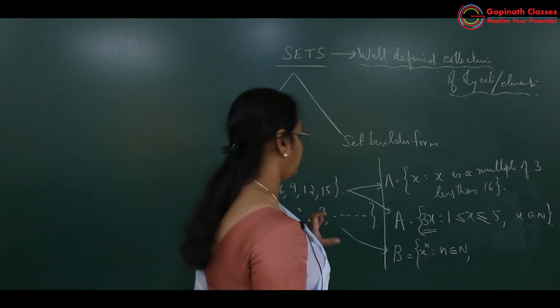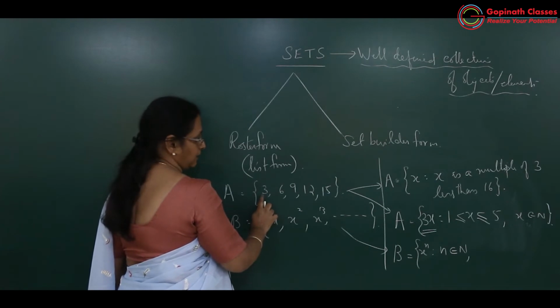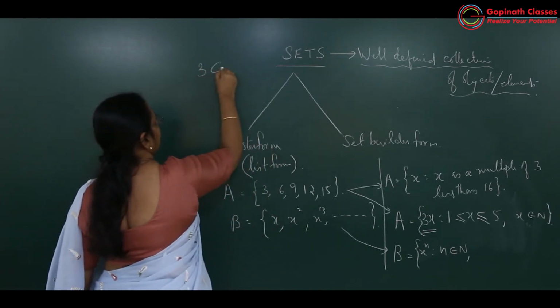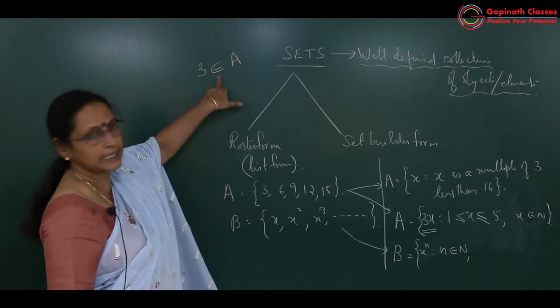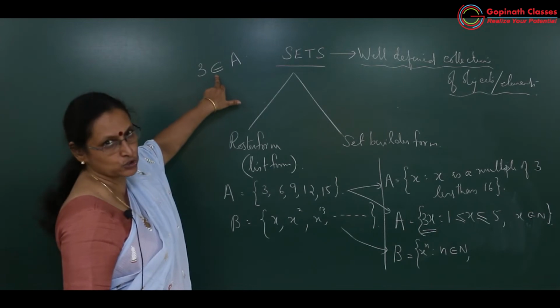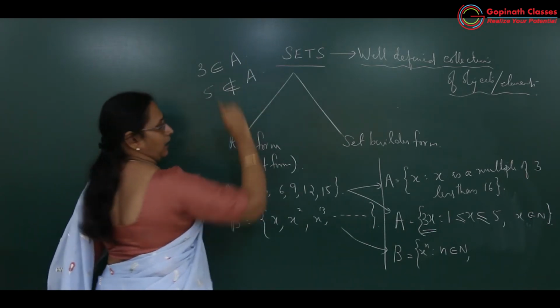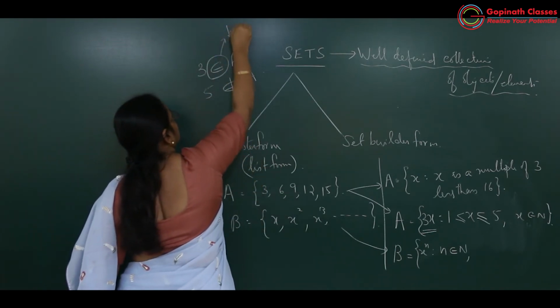Each member of a set is known as an element, and we denote it as 3 belongs to A. See, 3 is an element of, or belongs to. 5 does not belong to A.